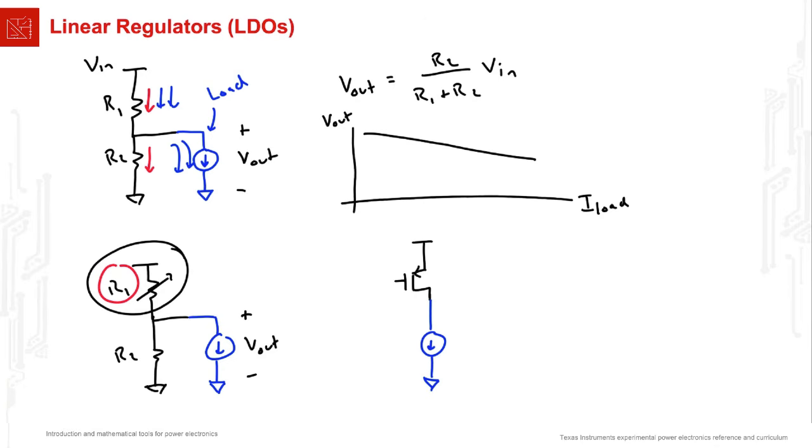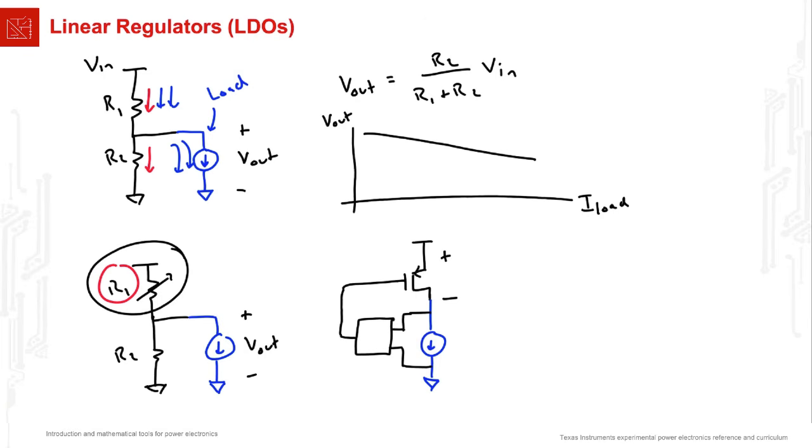directly to the transistor. And if I add some control circuit, for example, something that measures the output voltage and puts out a control signal, and that control signal ultimately is the gate voltage of the MOSFET, then by controlling the gate voltage of the MOSFET, I can make the equivalent resistance of the transistor, or in other words, the voltage drop across the transistor, just exactly the right value no matter what the load is.